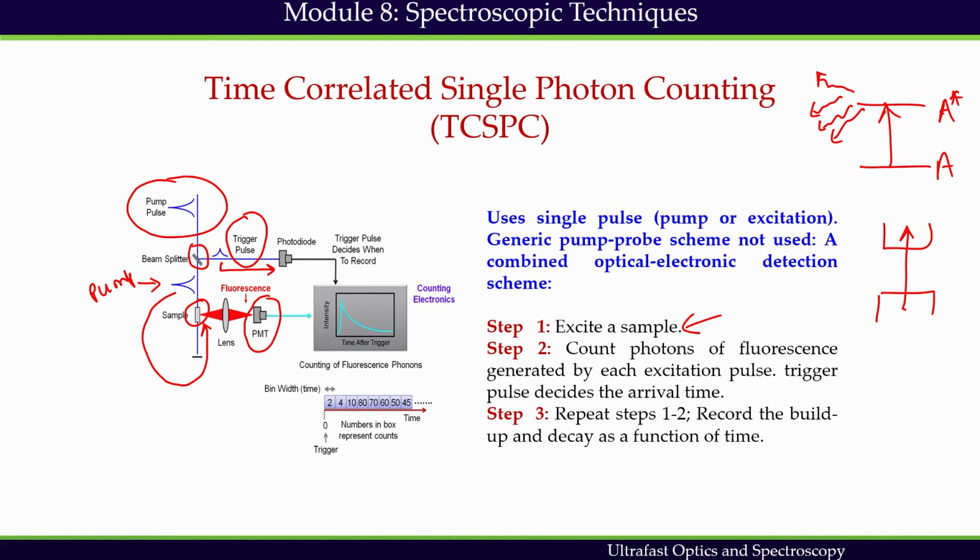Here we must note that the fluorescence time scale has to be longer than the pulse duration, and also the response time of the counting electronics.